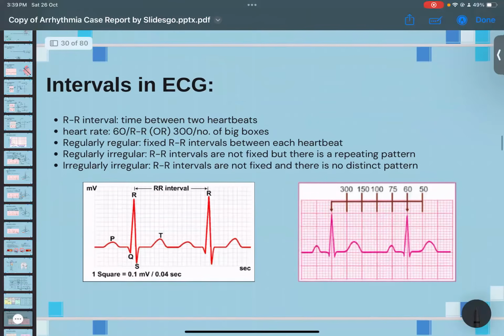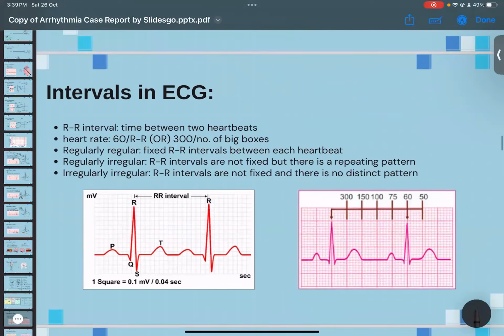Now, coming back to intervals in ECG, we covered almost everything: the P wave, the QRS, the T wave, the PR interval, the ST segment, the QT interval. Now we want to know how to figure out the heart rate when you look at an ECG. There are two methods.